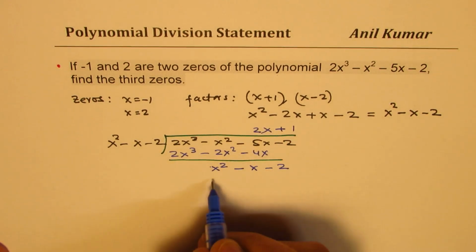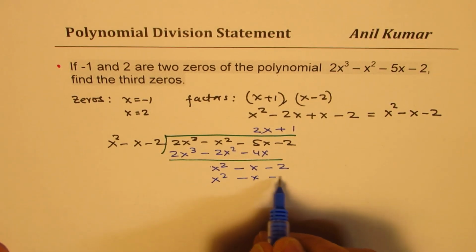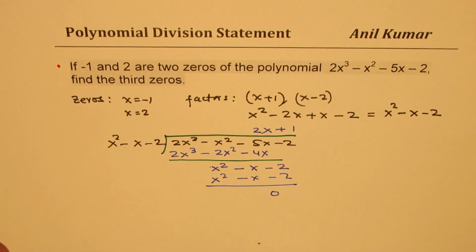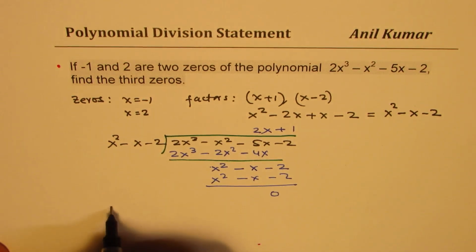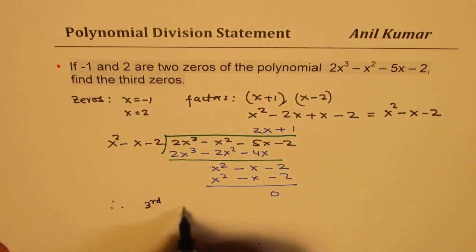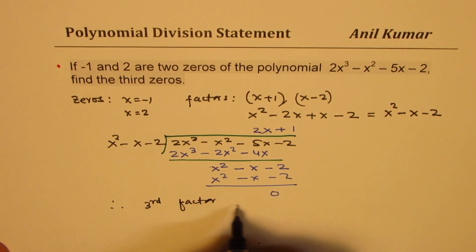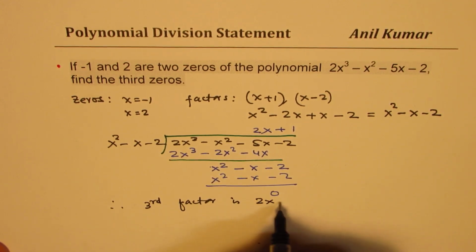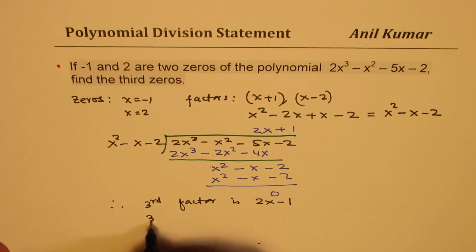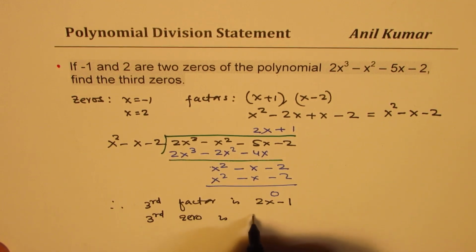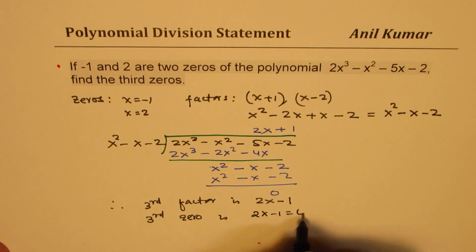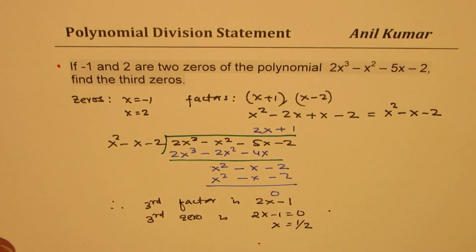So you do plus 1 and you get x squared minus x minus 2. Remainder is 0 as expected, and therefore the third factor is 2x minus 1. So the third 0 is, you have to equate this to 0 to get your 0, and that gives you that x equals to half, correct? So that is your third 0.